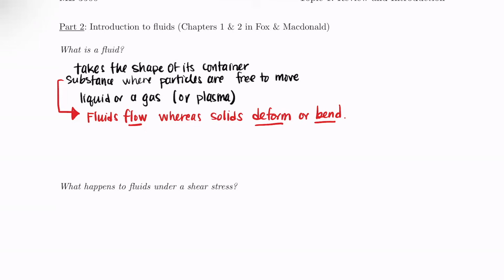If you look at a beam bending at a certain time scale, it probably looks like it flows, right? But with this statement, we need to say, what do you mean by flow? So I am going to expand on this by saying flow means to deform continuously under the application of a shear stress.